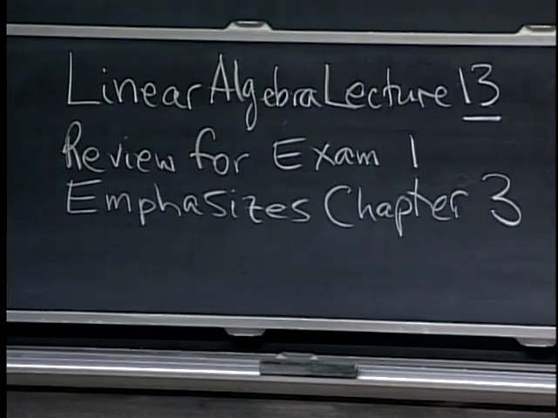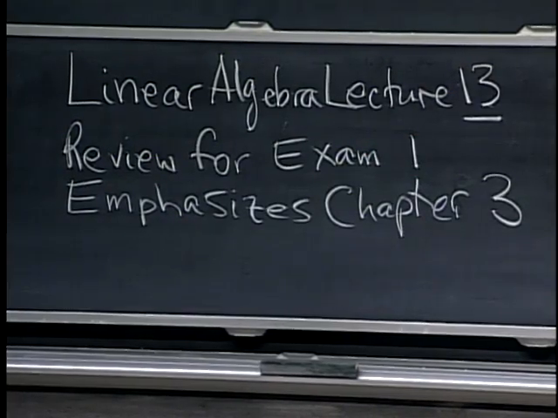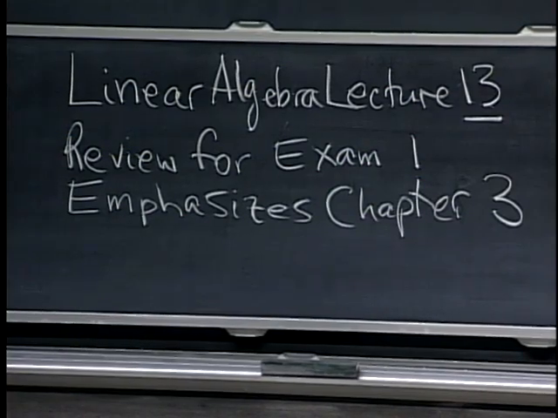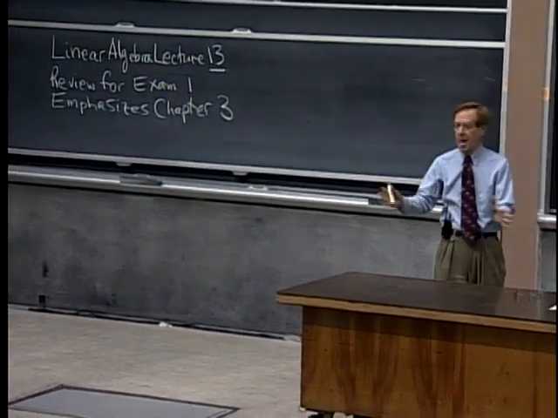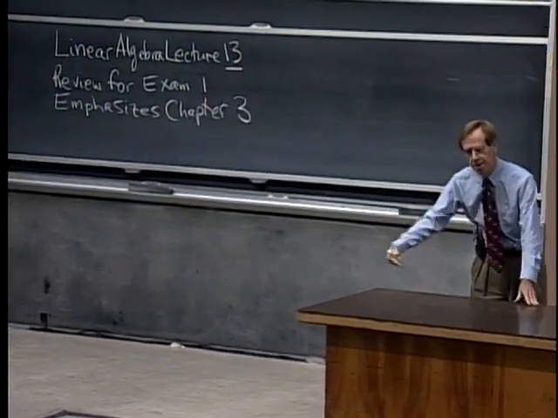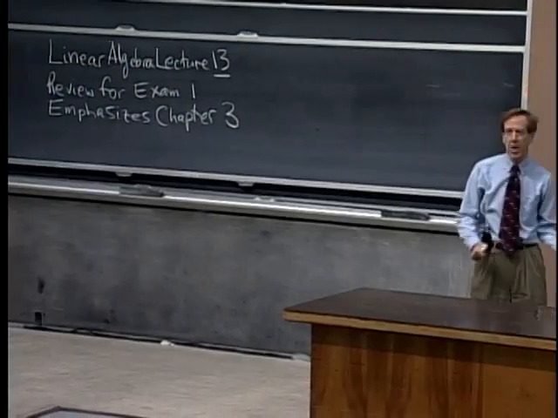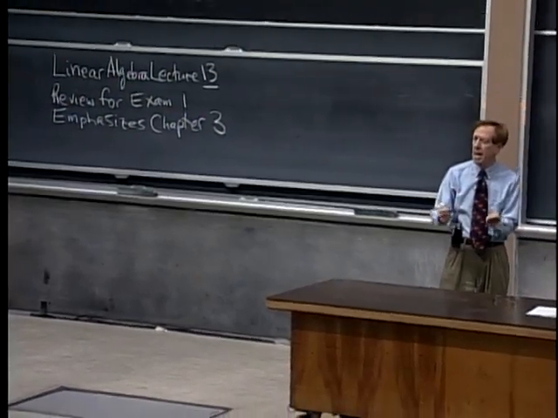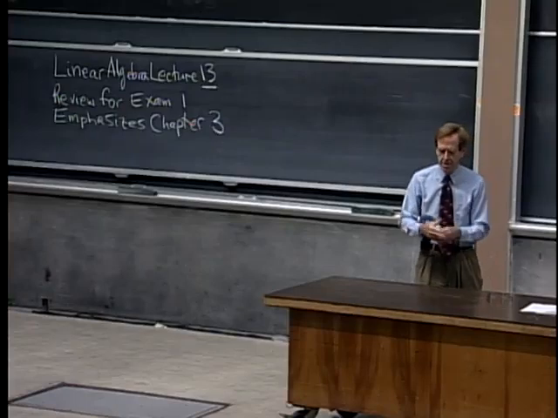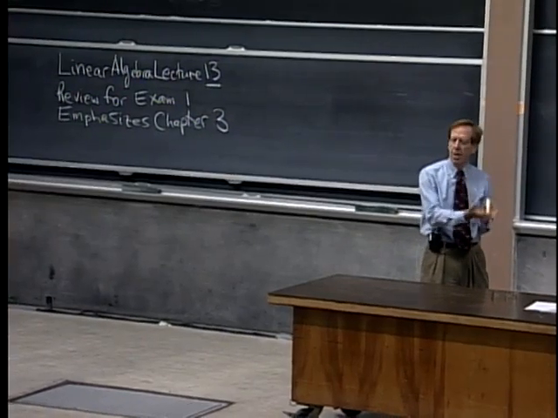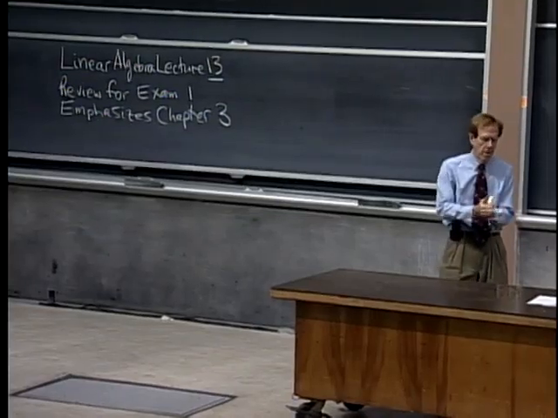The review lecture for the first part of the course, the Ax = b part of the course. The exam will emphasize chapter 3, because chapter 3 was about rectangular matrices, where we had null spaces and null spaces of A transpose and ranks, and all the things that are so clear when the matrix is square and invertible.